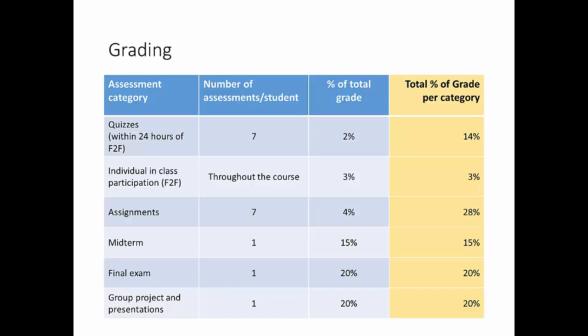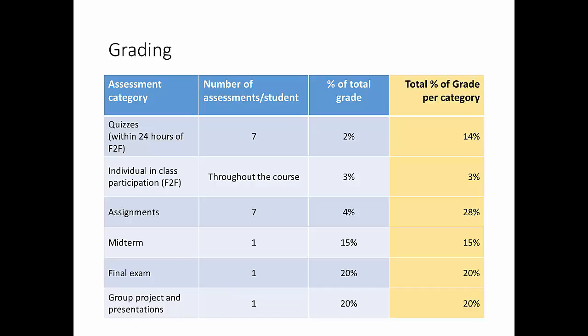Each weekly assignment will make up 4% of the course grade, and all students in a group get the same grade if the assignment was group-based. The midterm will cover all topics covered up until then and will make up 15% of the course grade. The final exam is cumulative and will make up 20% of the course grade.